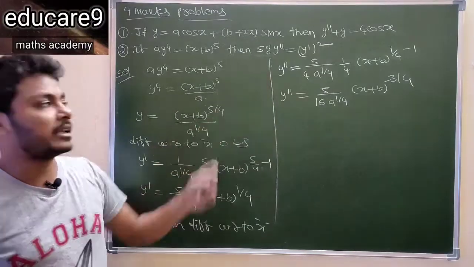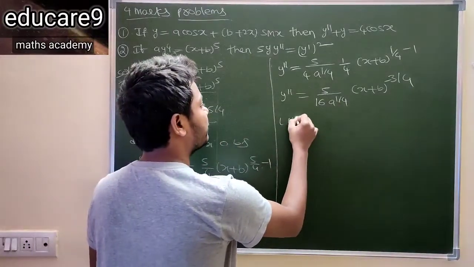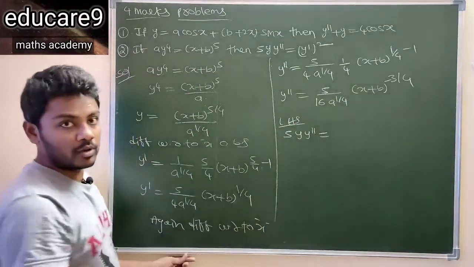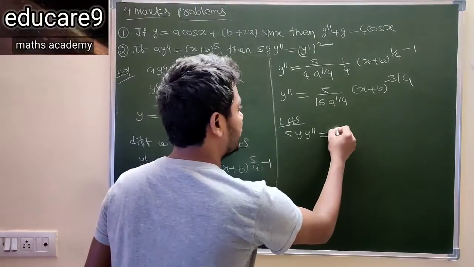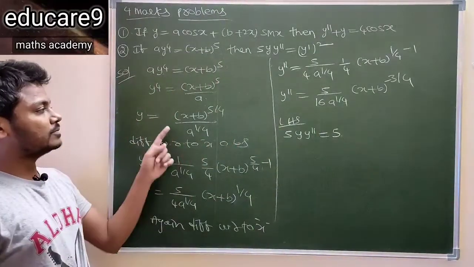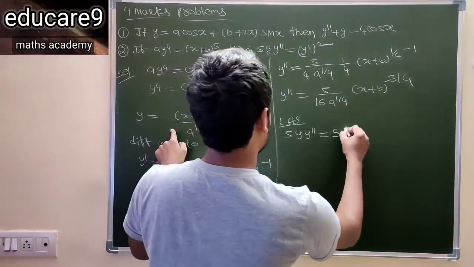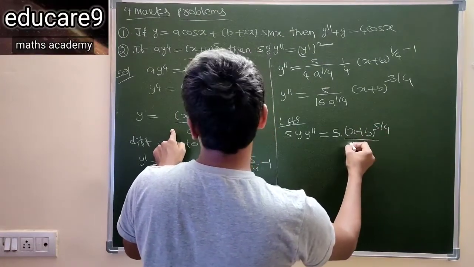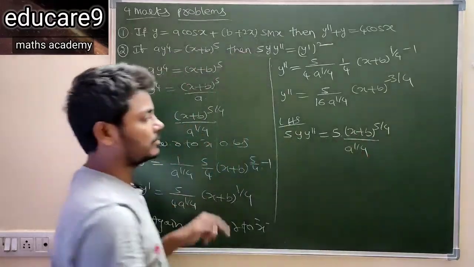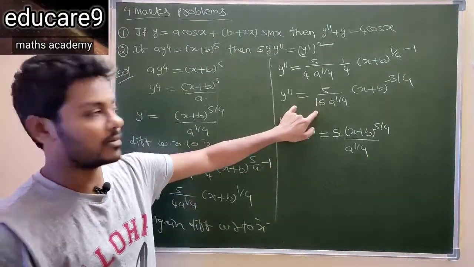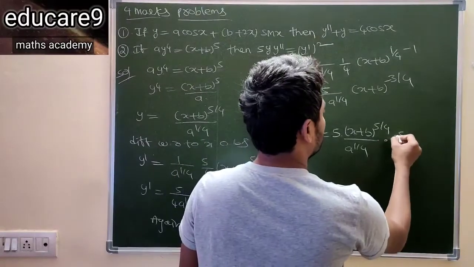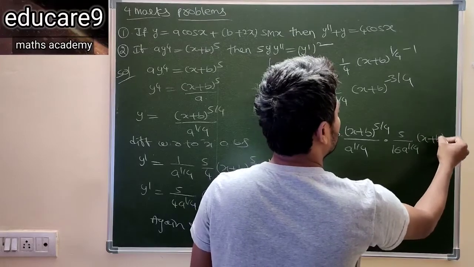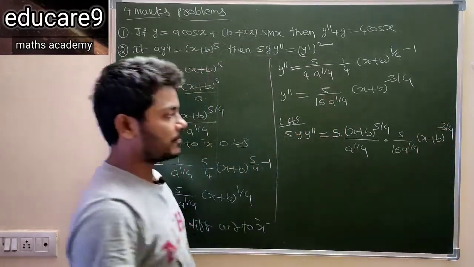Now consider the LHS, 5y y double dash. So 5 into, what is the y value? This one: x plus b whole to the power of 5 by 4 divided by a power 1 by 4, into y double dash, this one: 5 by 16 a power 1 by 4 x plus b whole to the power of minus 3 by 4.